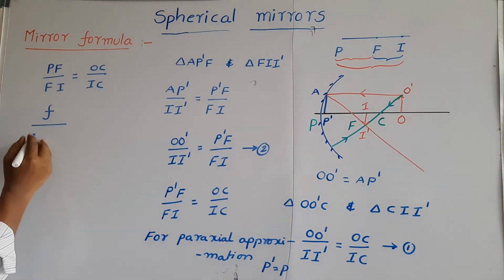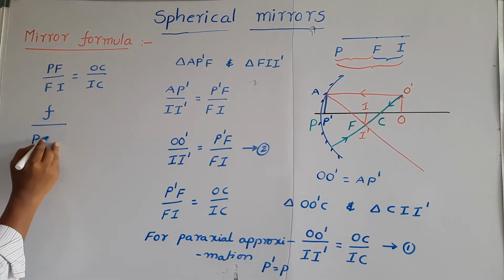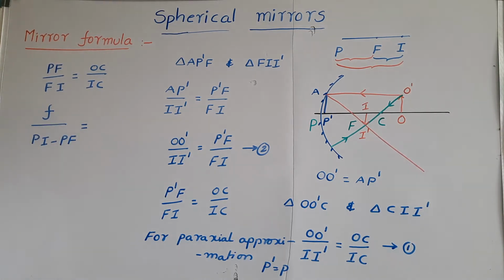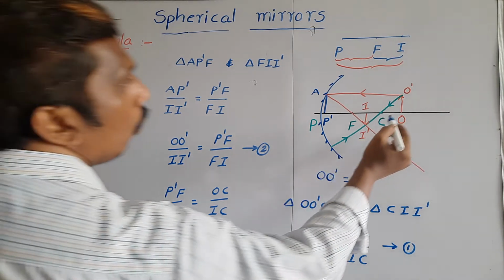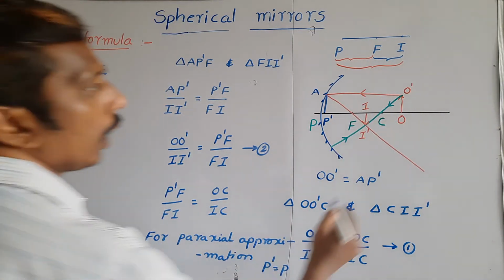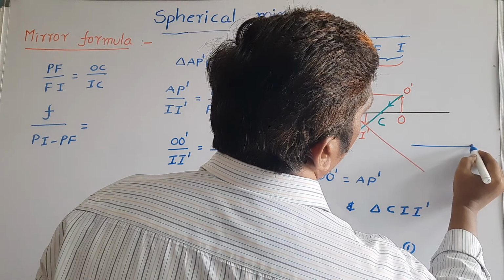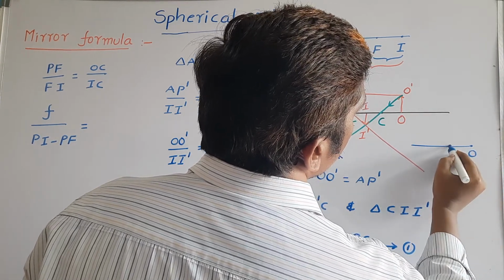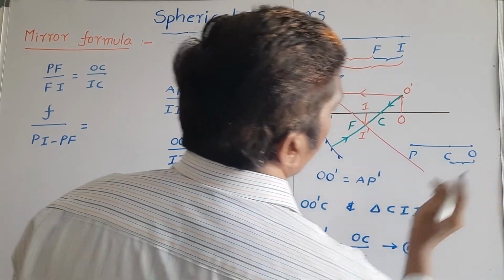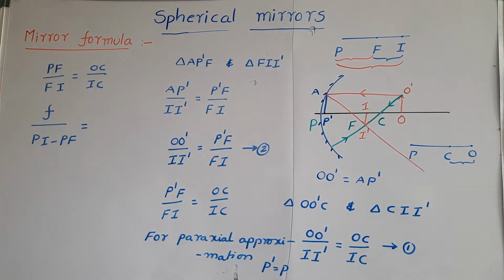I am writing PI minus PF, that is equal to OC. This OC also I am writing like this. If you observe here, this is point O, this one is C, this point is P. This OC we can write as PO minus PC.